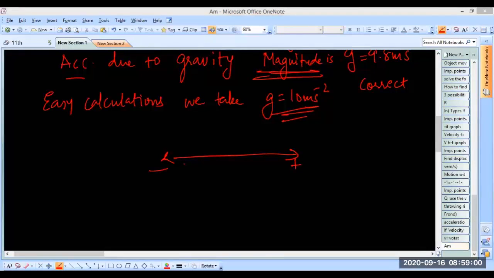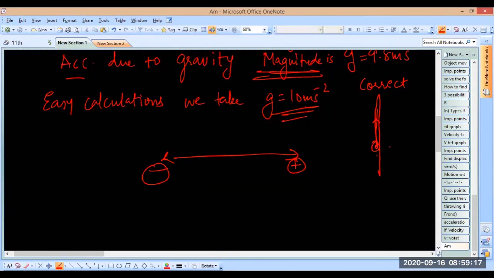So if you want to study motion on such an axis, we used to take one direction positive and one as negative. You have to do that. Just like that here, when the ball is going up and down, the ball is moving in vertical motion. It's still motion in a straight line, right? If you throw it exactly vertical, not at an angle.